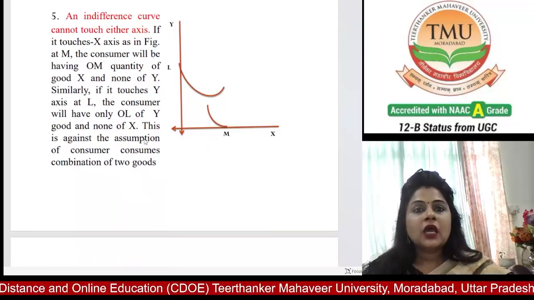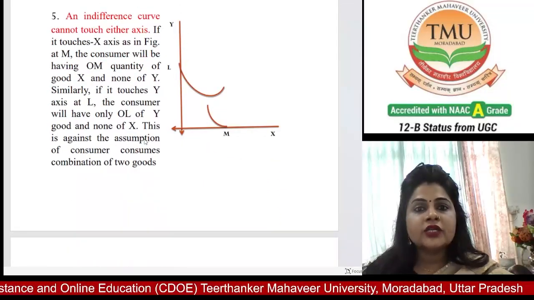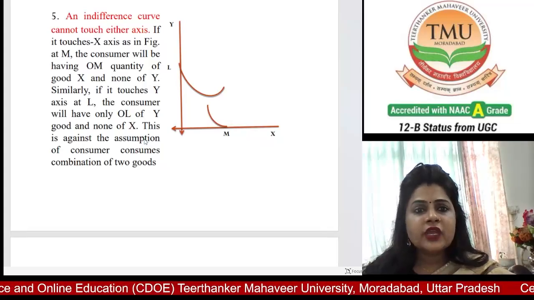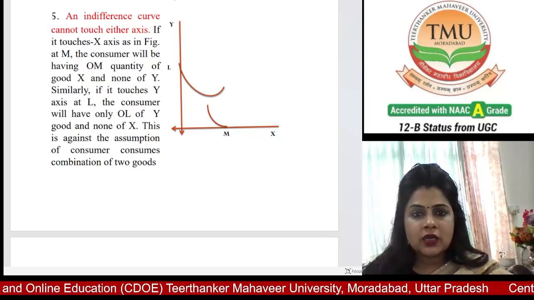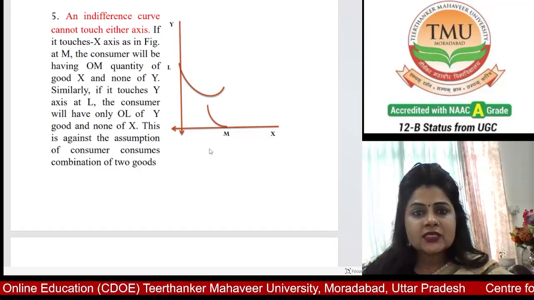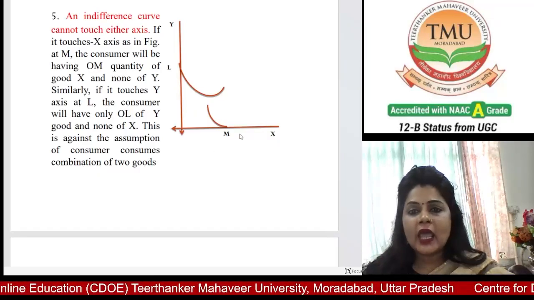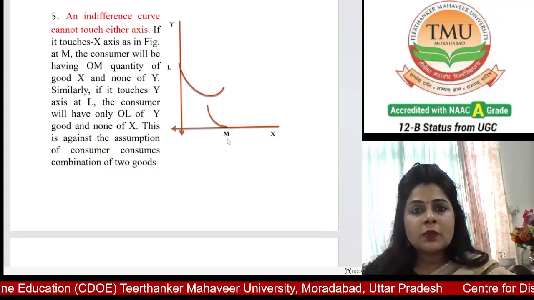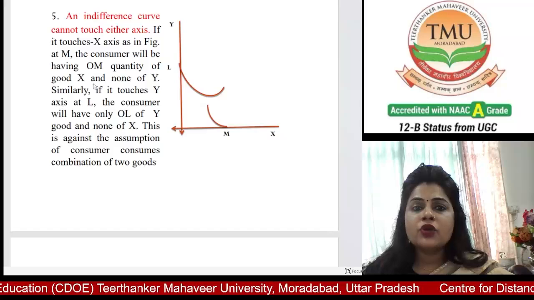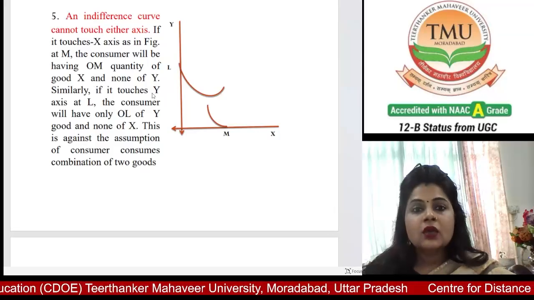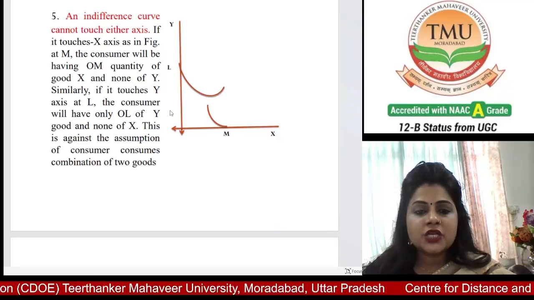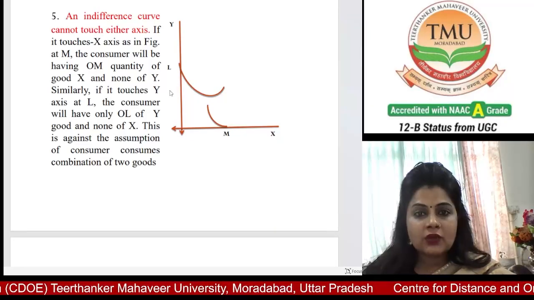Next, an indifference curve cannot touch either the x-axis or the y-axis. If it touches the x-axis, as you see in this figure at M, the consumer will have OM quantity of good X and none of Y, while we have to consider a combination of two goods on this indifference curve.